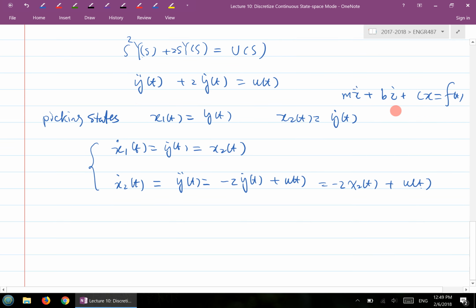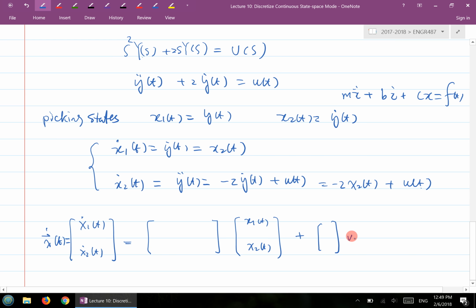Of course we will need the output here, but we can write this into matrix format now. So x dot of t equals this 2 by 1 vector, and then you have a matrix multiplying x1 of t, x2 of t, plus this times u of t.